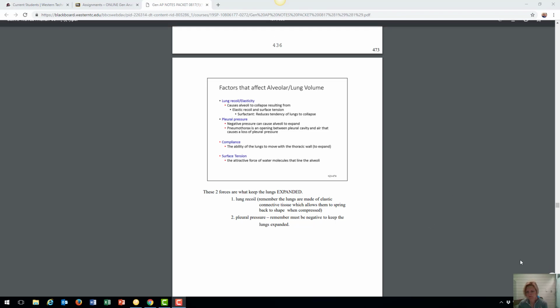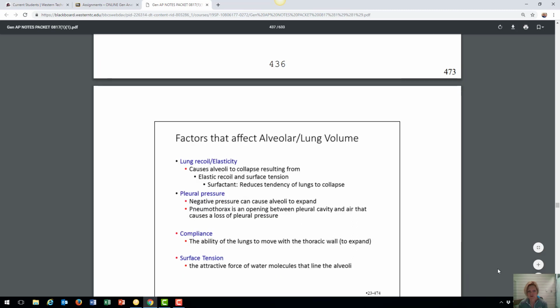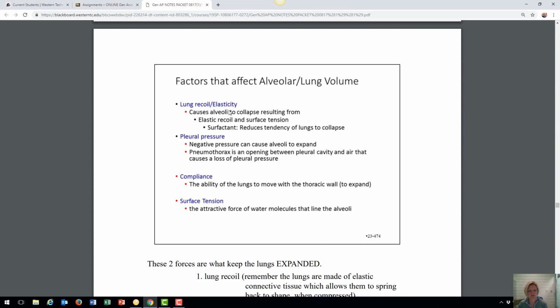All right, we finished in our last video talking about factors affecting the expansion and relaxation or exhalation of the lung. So lung recoil is the ability of the lungs to bounce back to their resting position, so that helps with exhaling. And surfactant is something that helps overcome the surface tension within the alveoli due to water molecules.